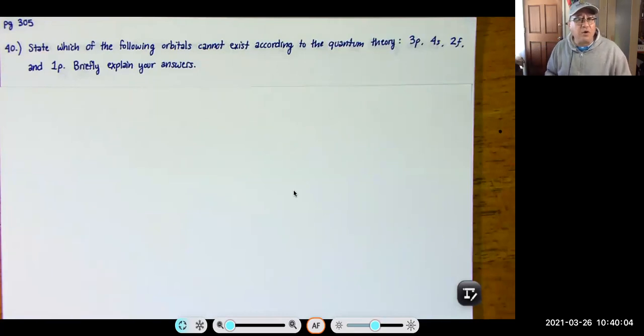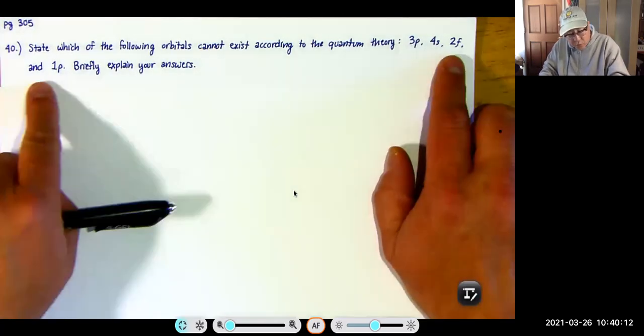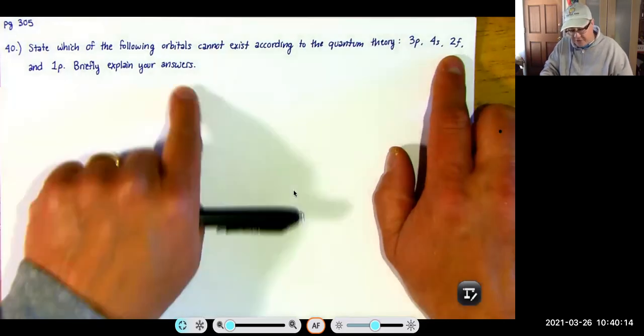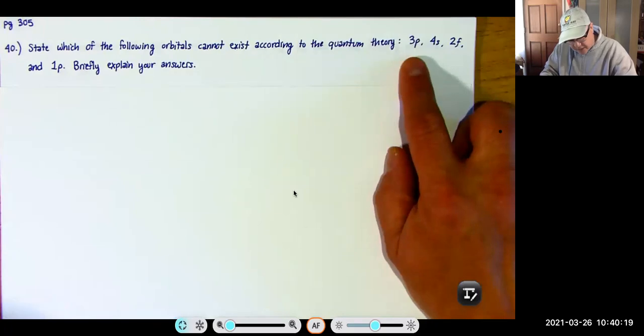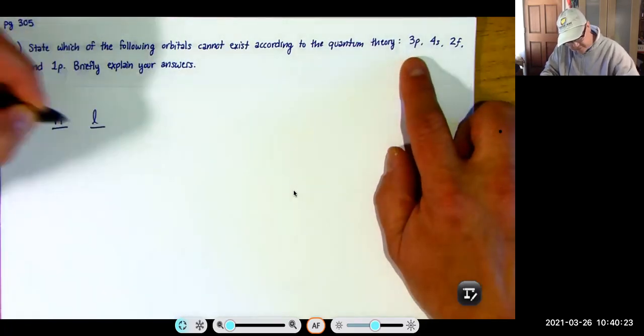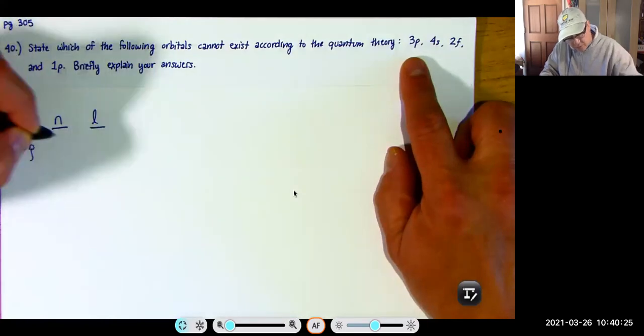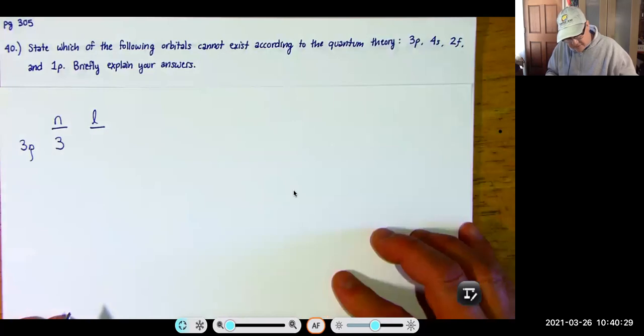State which of the following orbitals cannot exist according to quantum theory. So here we're looking at 3p, 4s, 2f, and 1p. Briefly explain your answers. So can a 3p exist? Well, I'm going to do this for each of these. Now, what would p be for the value of L? 1.